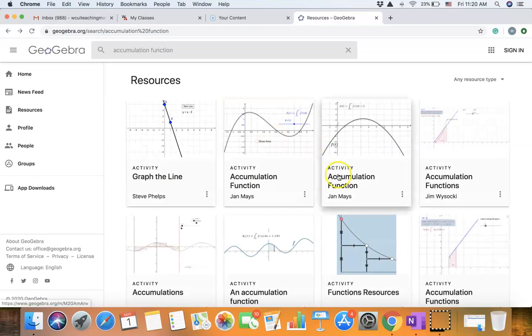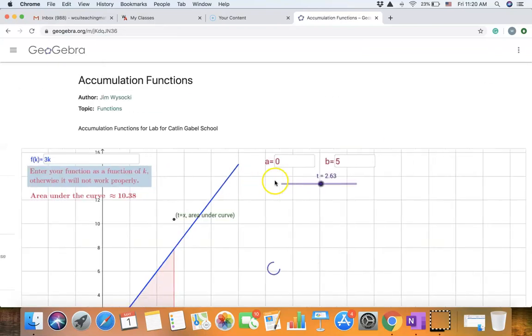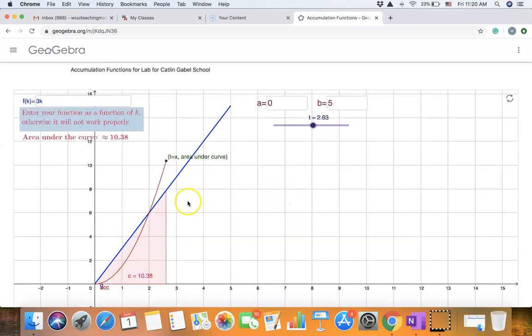Let's look at another example. In this program, the blue line is the graph of the function y equals f of t. Here it uses the variable k, but this is the f of t in our notes.